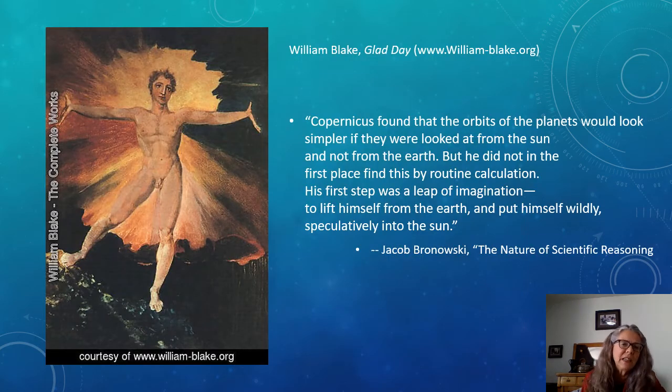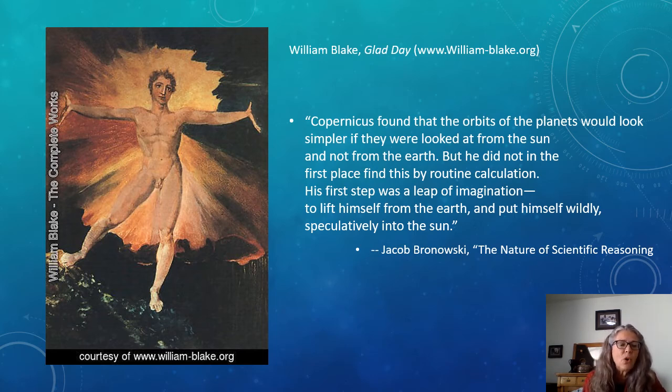Jacob Bronowski, in his essay, The Nature of Scientific Reasoning, speaks of Copernicus and how he came to his realization that the planets orbit the sun rather than the sun orbiting the Earth. Here's the way Bronowski describes it.